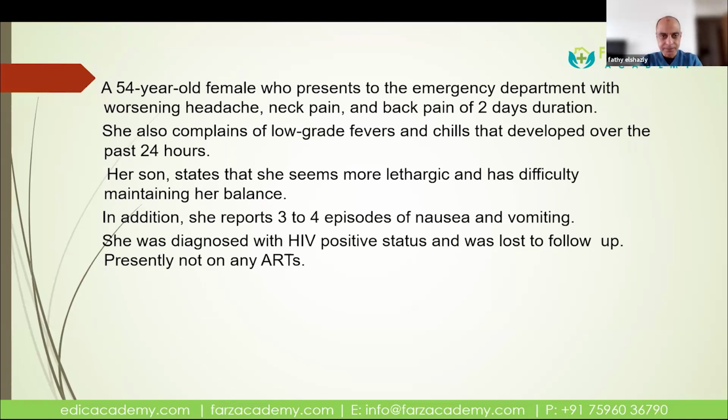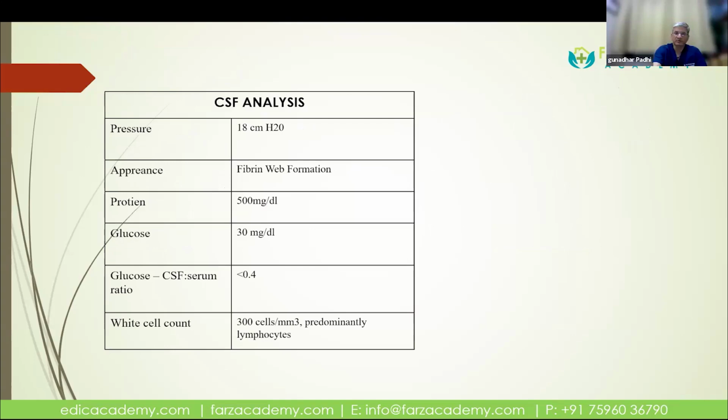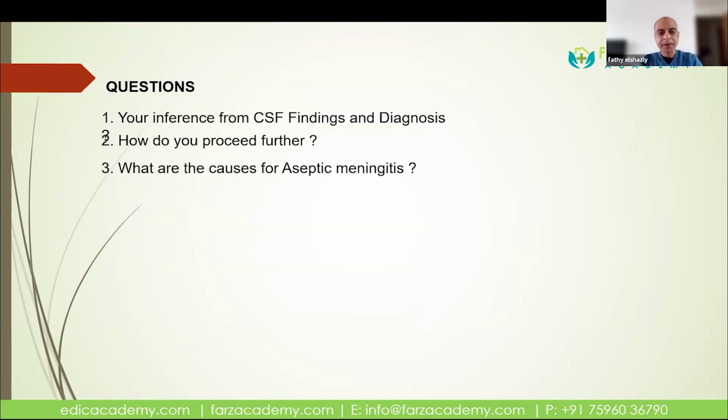Okay. Now this is the CSF report of the same patient. I just want a diagnosis with this CSF and with this background. What do you think is the likely cause of her presentation? I think either coccidioidomycosis or cryptococcosis. Coccidioidomycosis is the first thing I would think about. Can it be tuberculosis?